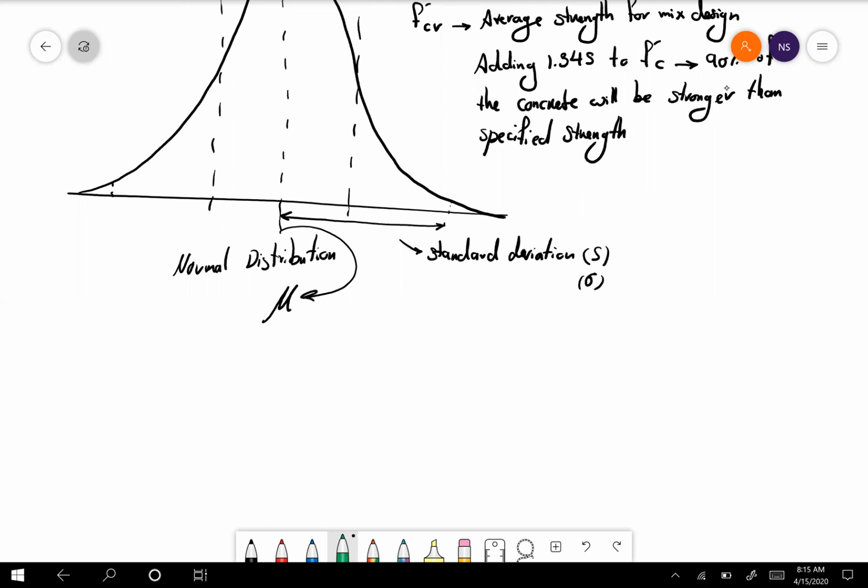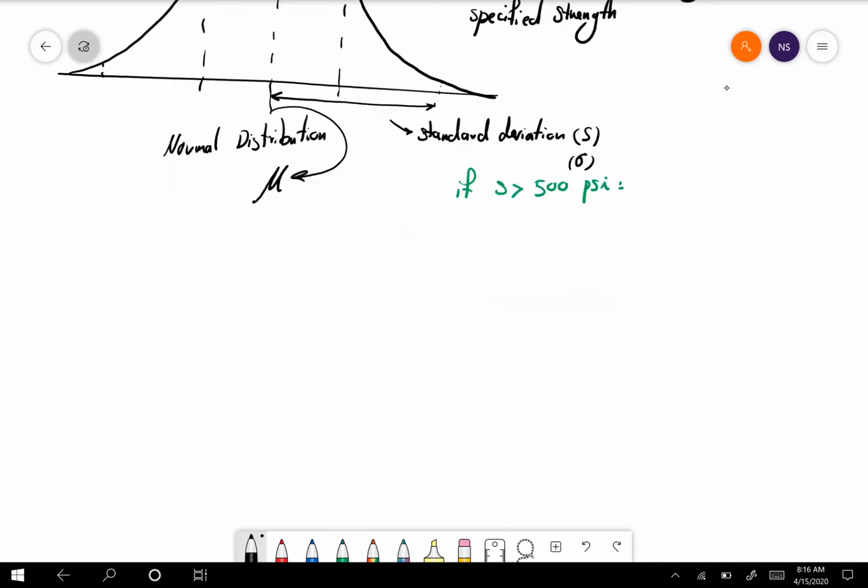If standard deviation is greater than 500 psi, we can rewrite the equation as: F prime C, the average, will be F prime C plus, this time, 2.33 standard deviation minus 500 psi.